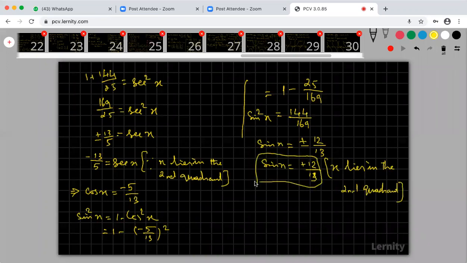Okay, what about your cosecant x? My cosecant x is the reciprocal of this, 13 by 12.